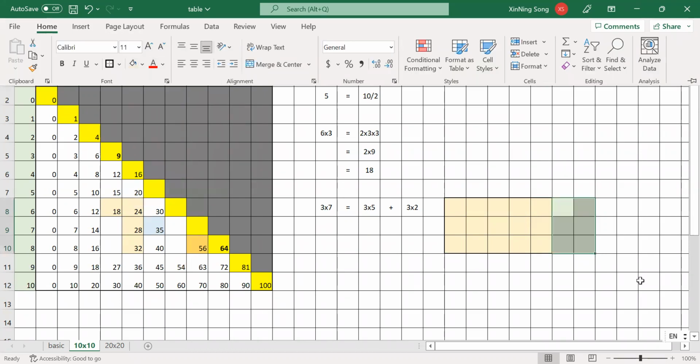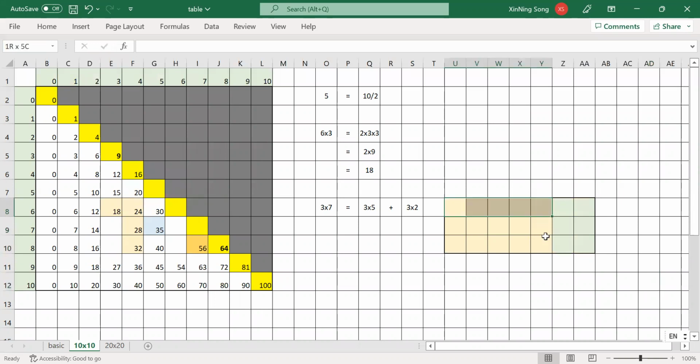You will see that this part is 3 by 5. This part is 3 by 2. So I made 3 by 7 into 2 chunks because I cannot guarantee everybody remembers everything, right? Let's say we forgot 3 times 7. So we do 3 times 5 plus 3 times 2.